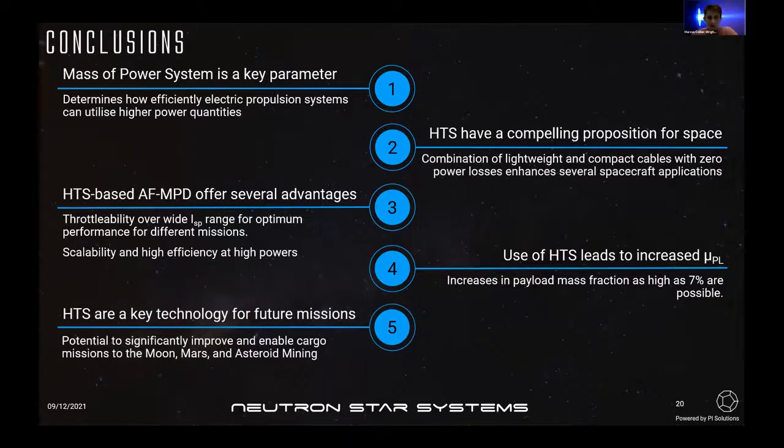With all of this in mind, I think it's quite safe to say that use of superconductors can act as an important enabling technology for future missions, especially for cases like going to the moon, going to Mars, and eventually for new scenarios like asteroid mining.